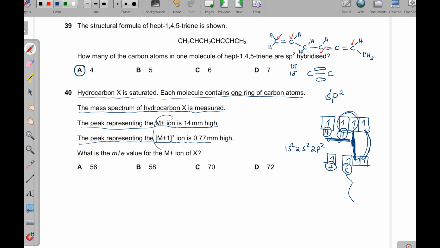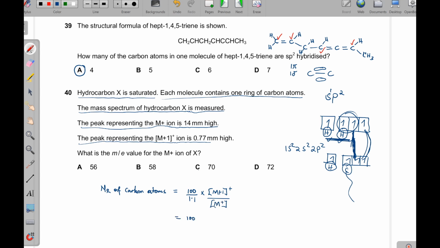So the moment you see M plus and M plus 1, always think about finding the number of carbon atoms. Okay, number of carbon atoms, which we find using this formula, 100 out of 1.1, then times the relative abundance of the M plus 1 ion, then divide by the relative abundance of the M plus ion.